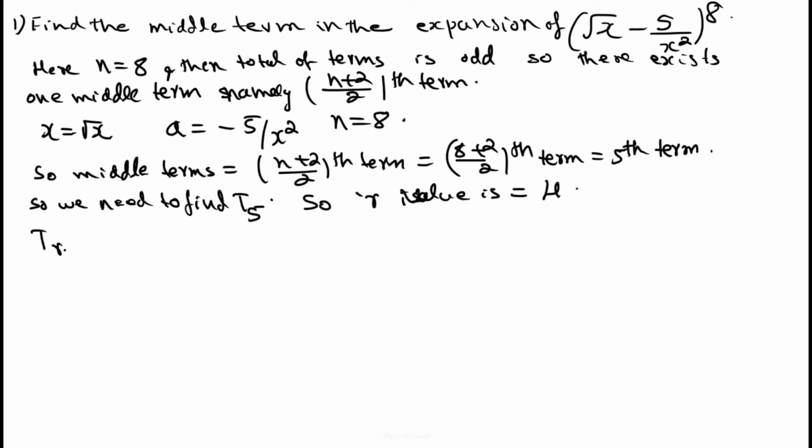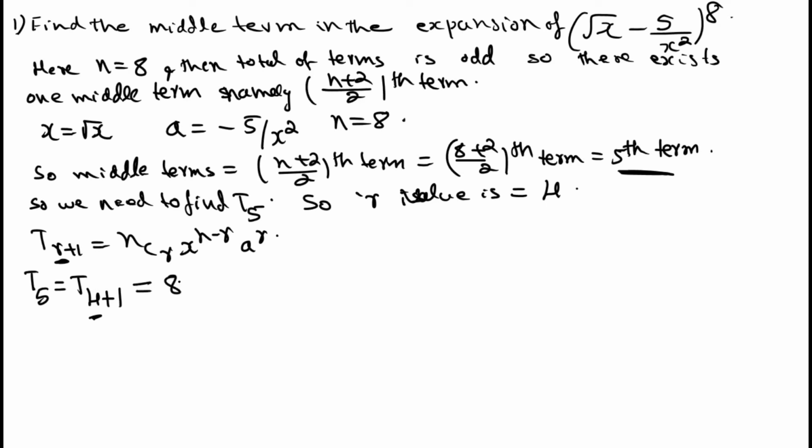Now see the formula T(r plus 1) equal to nCr into x to the power (n minus r) into a to the power r. The middle term is the fifth term. How to calculate the fifth term? For T5, you need to write 5 as r plus 1, so you can write it as T(4 plus 1). Now you can see, the r value is equal to 4. We solved similar problems in our previous sessions. T(4 plus 1) equal to nCr, that is 8C4 into x.